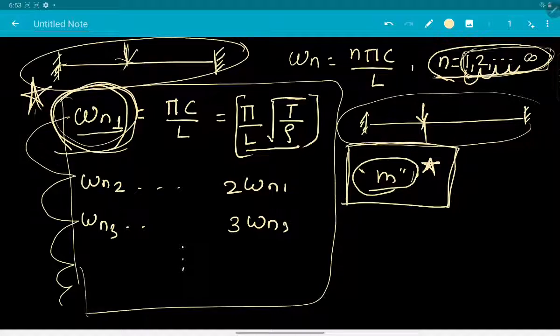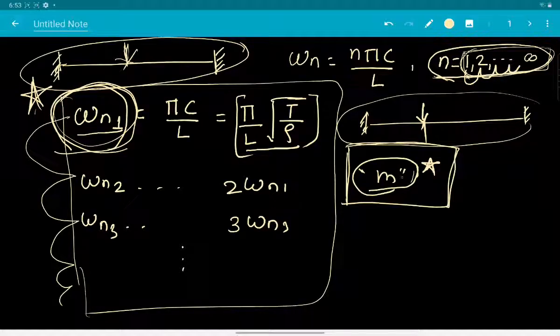You might have seen that there are so many musical instruments which use strings to generate sound, and that is the reason I just told you. When you disturb a string with certain initial conditions, you generate a few natural modes of that string, and those modes are integer multiples of the first fundamental frequency.